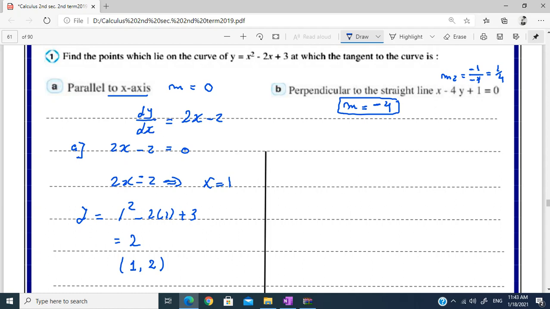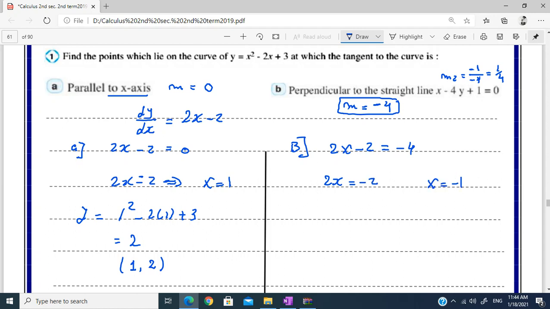The second one: 2x minus 2 equals negative 4. So 2x equals negative 4 plus 2, which is negative 2, so x equals negative 1.